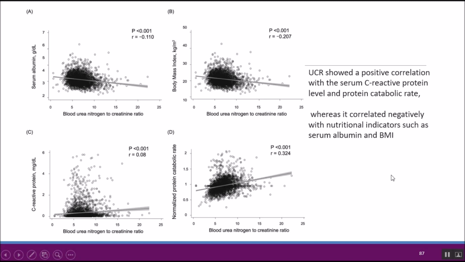The urea creatinine ratio showed a positive correlation with serum C-reactive protein level and the protein catabolic rate, while it correlated negatively with nutritional indicators such as serum albumin and body mass index.